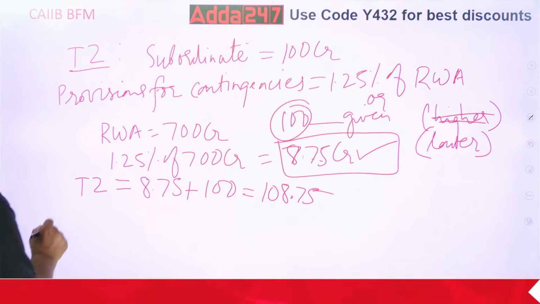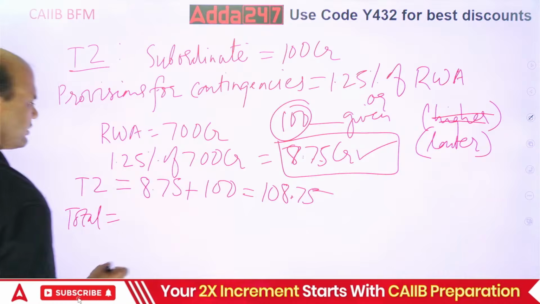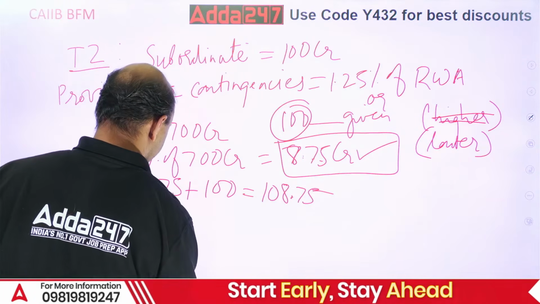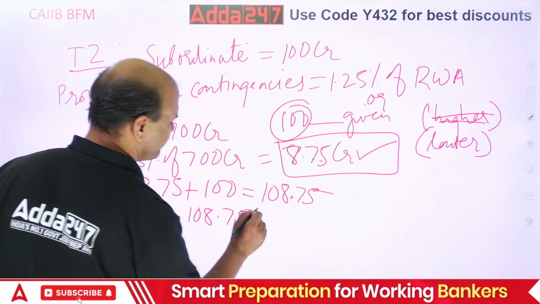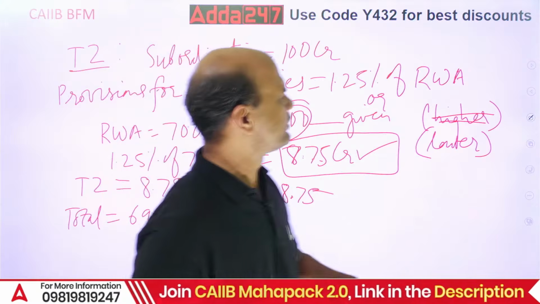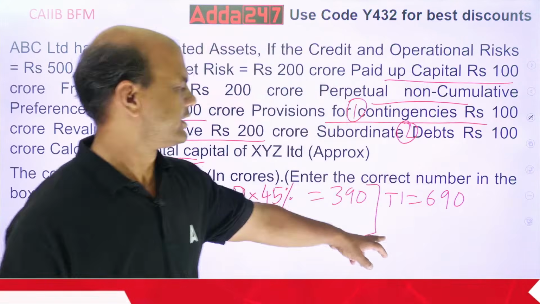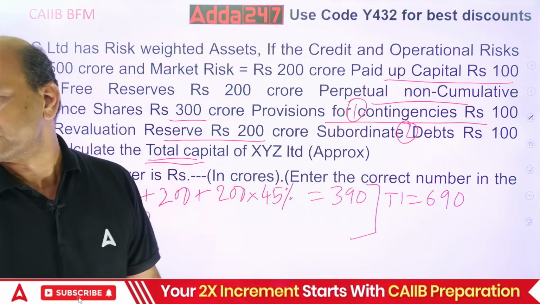Total equals what was that? 690 plus 108.75. Right? T1 was 690, right? Yeah. Okay.